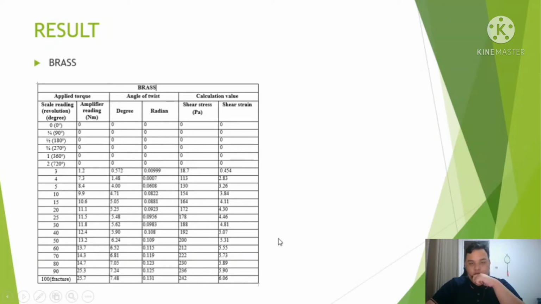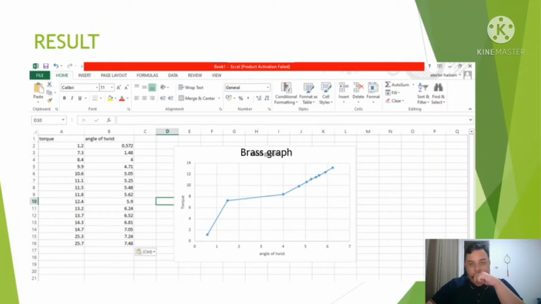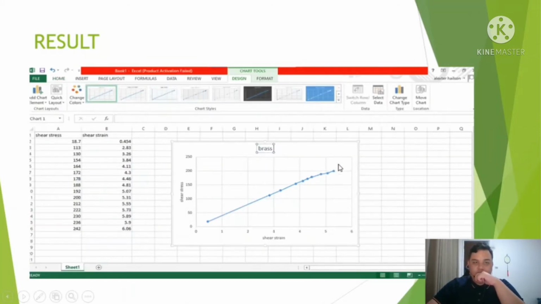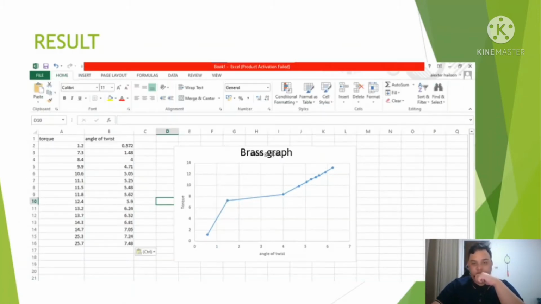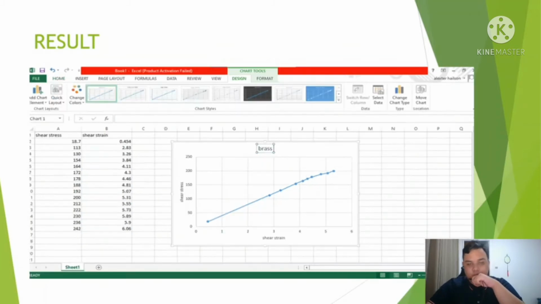And then this is the brass graph, and here you can see the graph is increasing and then constant here, and then it increases again at this point, at 4 radian or 4 degree, where it starts to increase. And then this is the graph between the shear stress and the shear strain, and before this is the graph between the torque versus angle of twist.